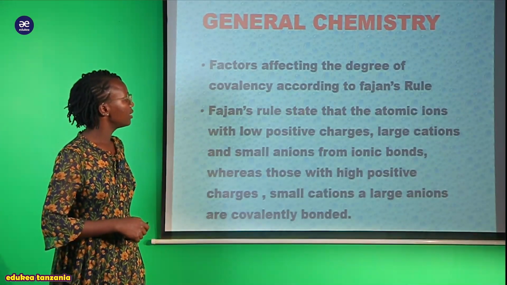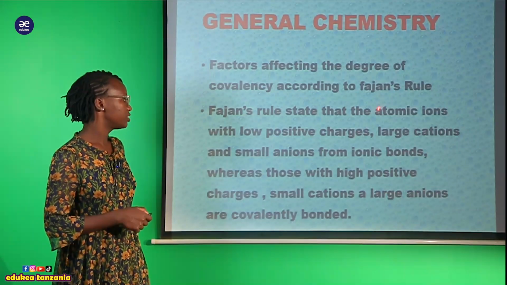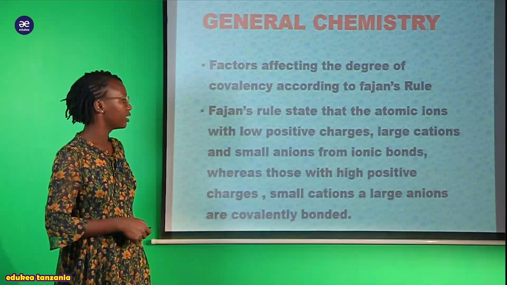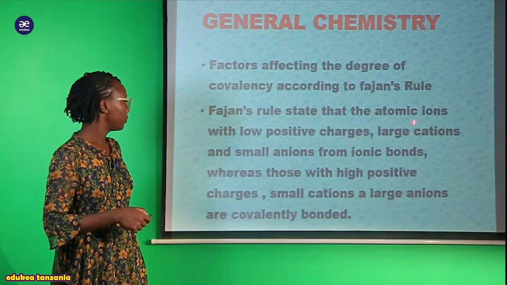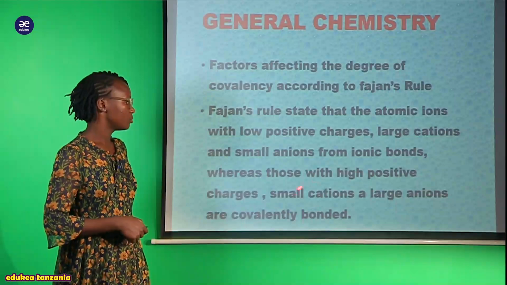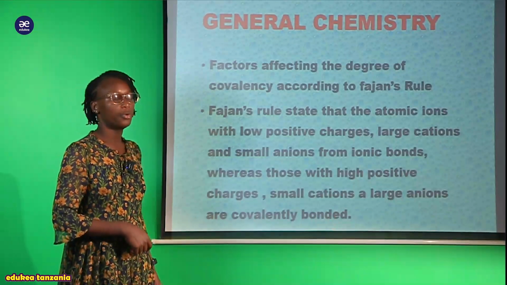So the Fajans rule states that the atomic ions with low positive charge, large cations and small anions form ionic bonds, whereas those with higher positive charge, small cations and large anions form covalent bonds.